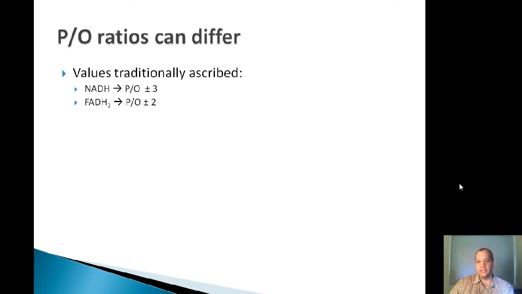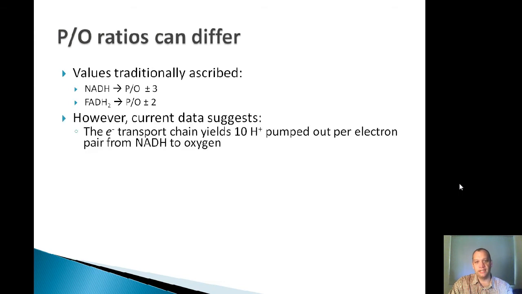Now in older texts, you will see these traditional values, saying that the PO ratio for electrons that originate from NADH is about 3, and from FADH it would be about 2. But we'll see that it is actually a little bit different from that.